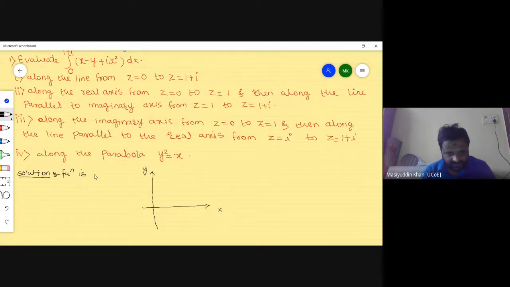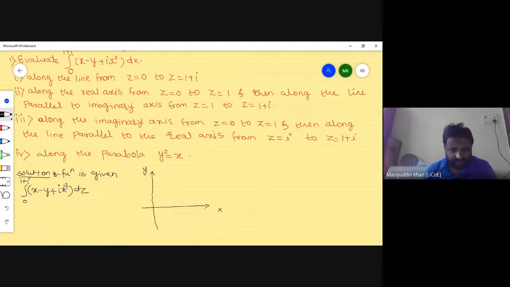the function is given: integral from 0 to 1 plus i of (x minus y plus i x square) dz. This is our main term which is given, and we have to evaluate it.